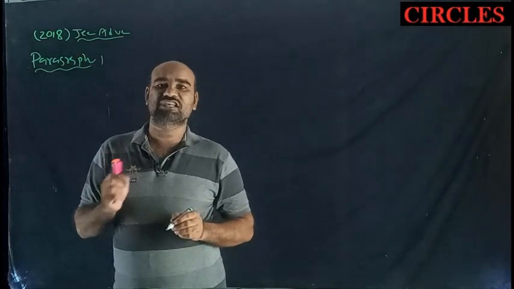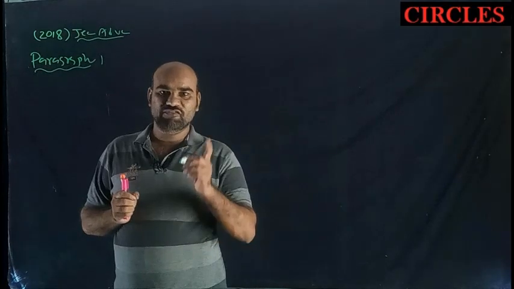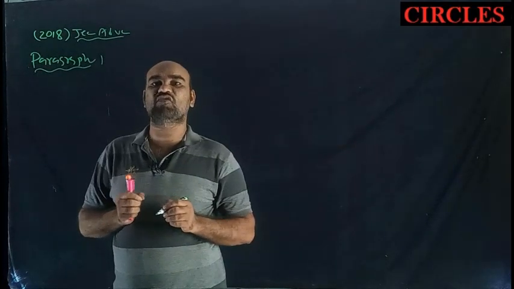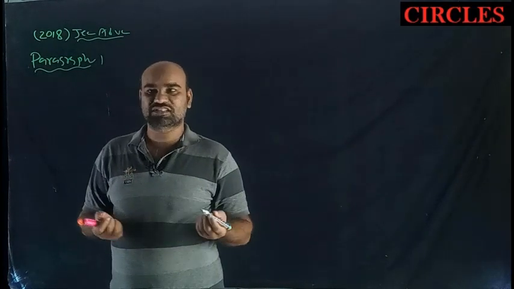Some information is given. Using this information you want to solve two problems. The information is that x square plus y square equal to 4 is a circle.